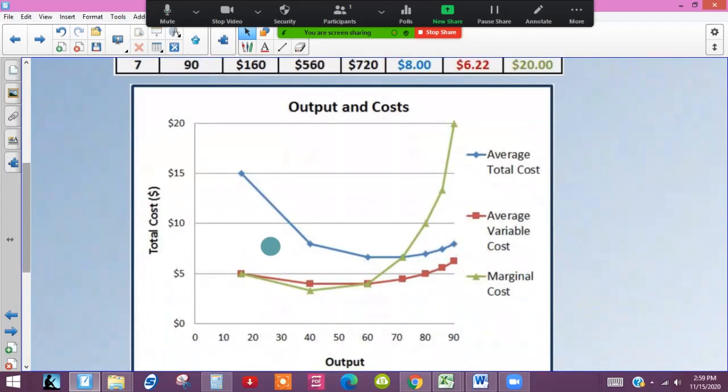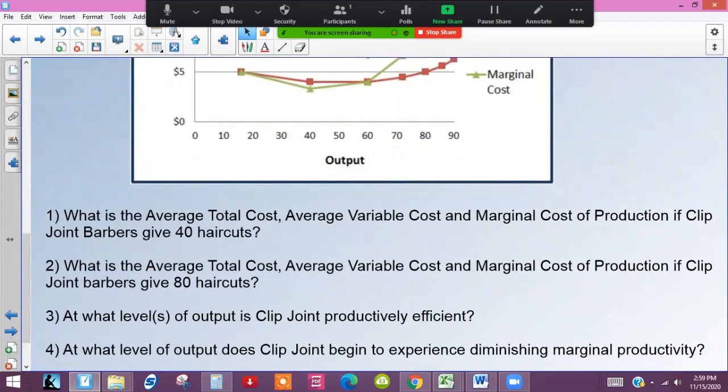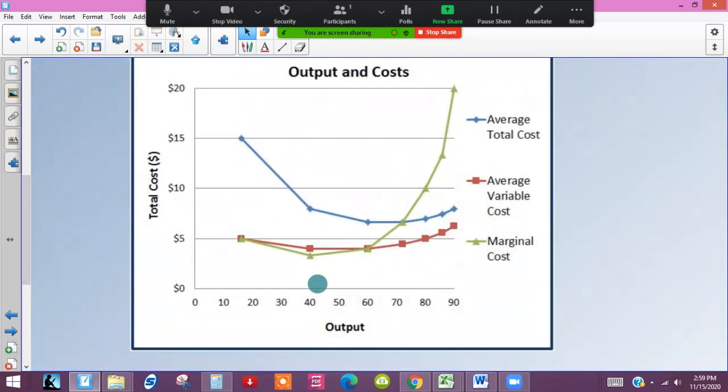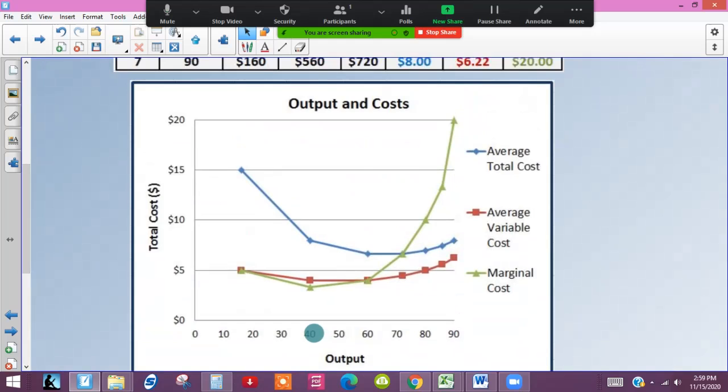So what are we asking for here? The first question: what is the average total cost, average variable cost, and marginal cost of production if Clip Joint barbers give 40 haircuts? So we're talking about 40 haircuts. We can see right here at 40, and you're going to have a graph very similar to look at, that the marginal cost is somewhere right in here.